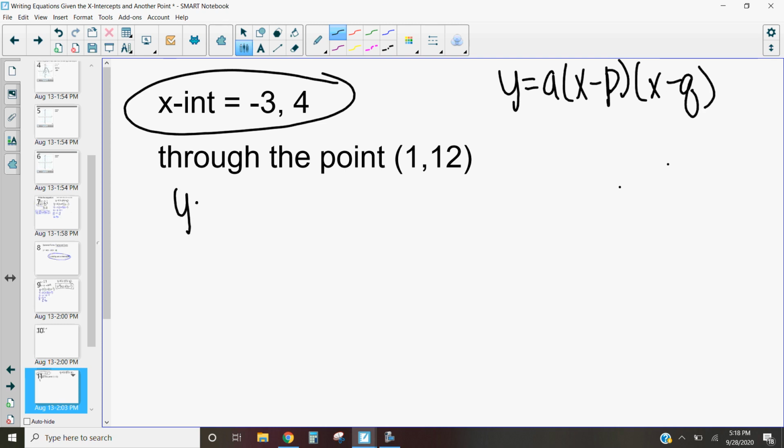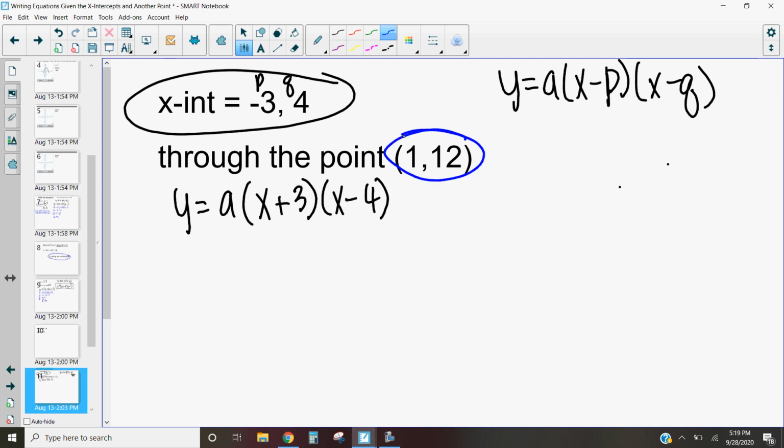I've got y equals, this is p, this is q, and a, I don't know what it is, (x minus negative 3), which is the same as (x plus 3), times (x minus 4). And then I want to use this point to solve for a. So I'm going to substitute my y value in, equals some number a times (1 plus 3) times (1 minus 4).